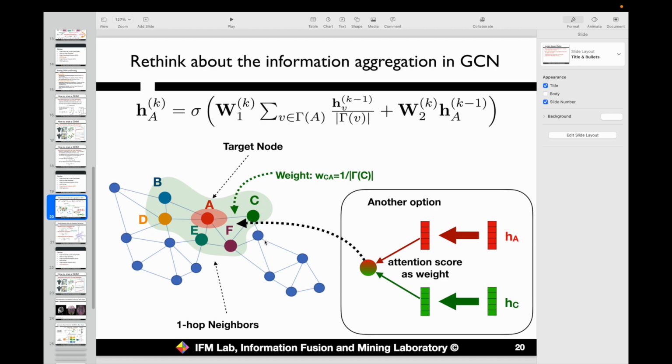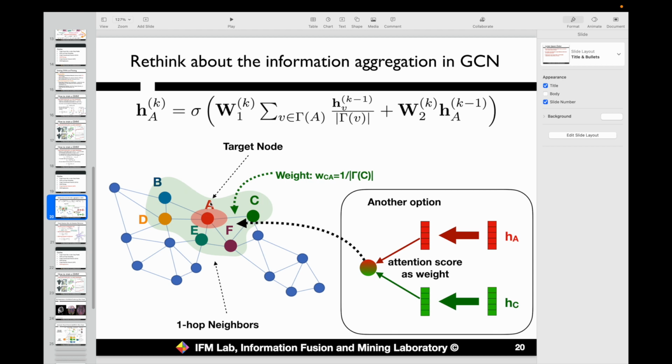Given the input graph, if we have a static graph, we know the structure of the graph will not change anymore. Therefore, this weight 1 over gamma C, for integrating information from C to A, will be the same for different layers. However, in the model architecture, for different layers we learn different representations H_A, H_C, and we have to update them layer by layer.